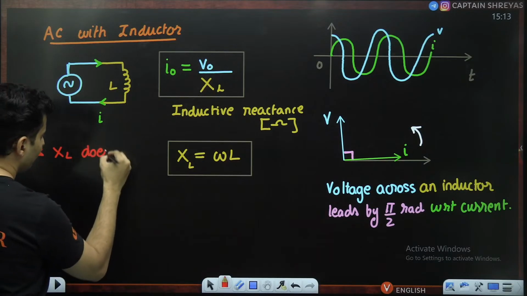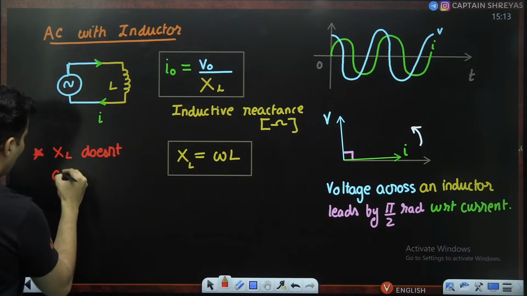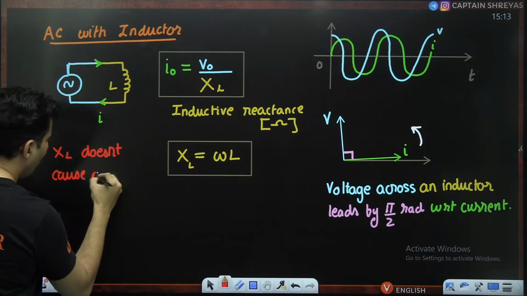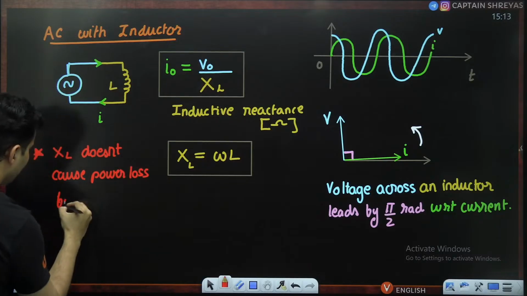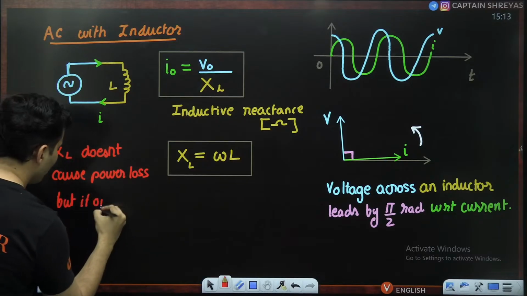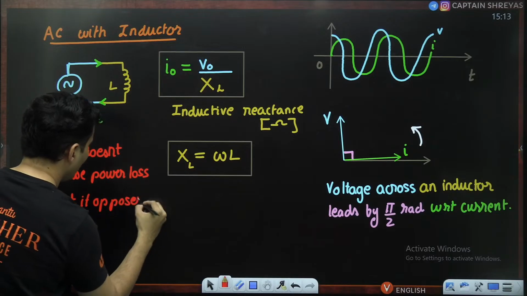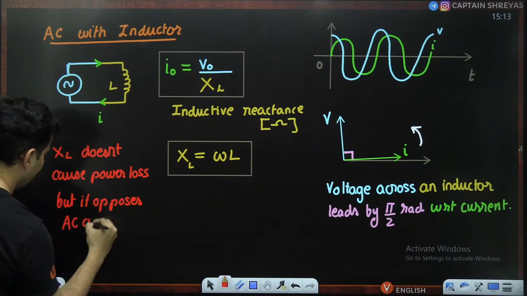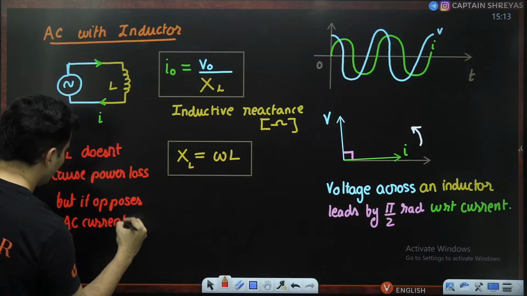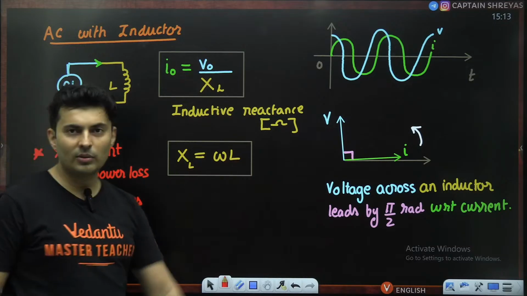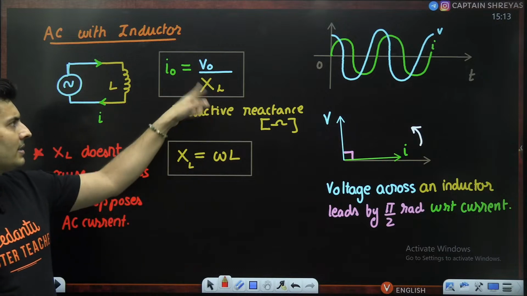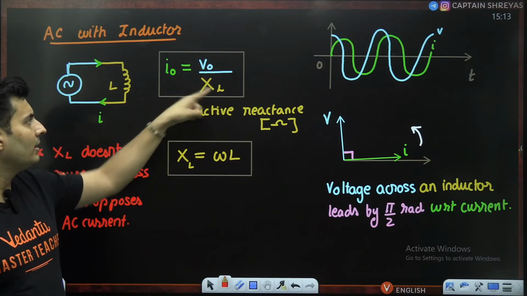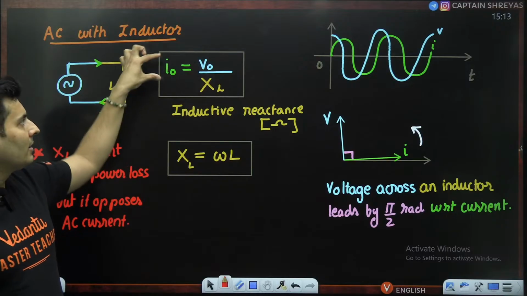doesn't cause power loss, but definitely it opposes the AC current. It definitely will oppose the AC current, like you can see over here that this resistance-like behavior is coming in the inductor and it is reducing the current.